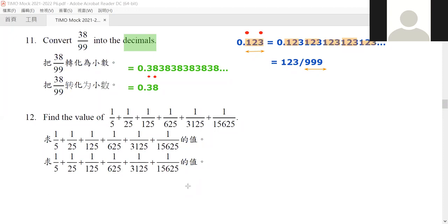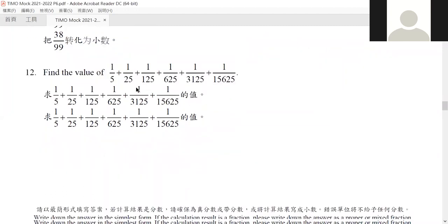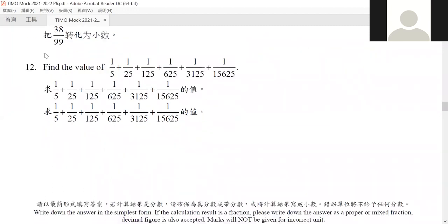Okay, so now let's go to the final part of our arithmetic. Find the value of it. I would like you to compare this to the arithmetic series in the previous questions.